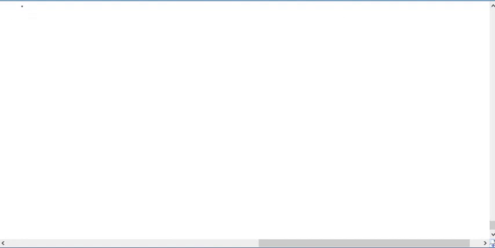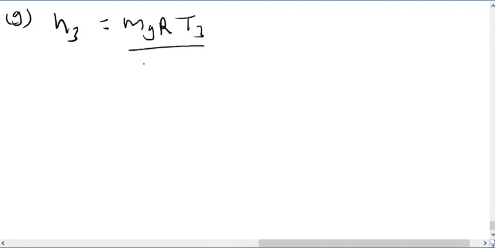So now the piston, that is position 3. From equation 2, H3 is m g R T3 all over the mass of piston times gravity.